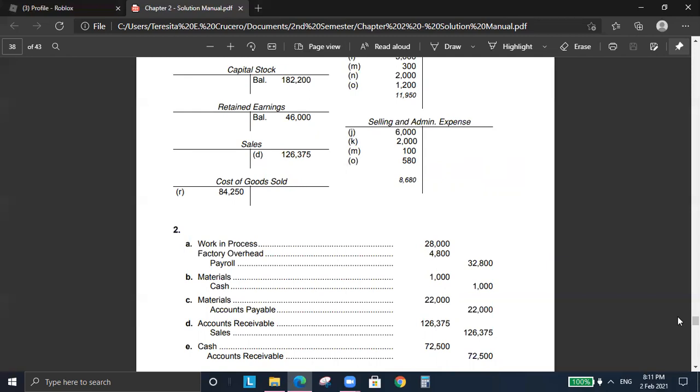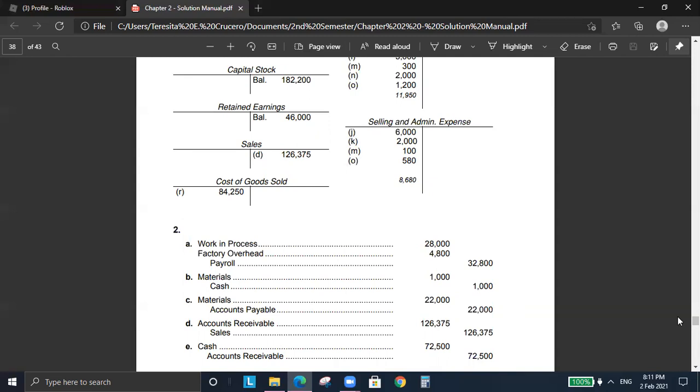So the entry is to debit work in process for direct labor, factory overhead for indirect labor, and we credit payroll for 32,800.